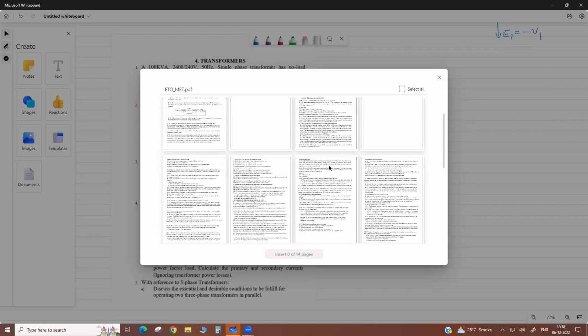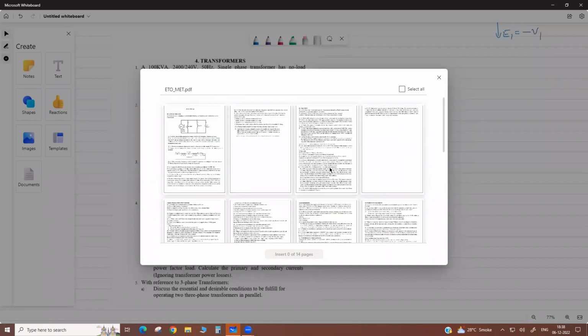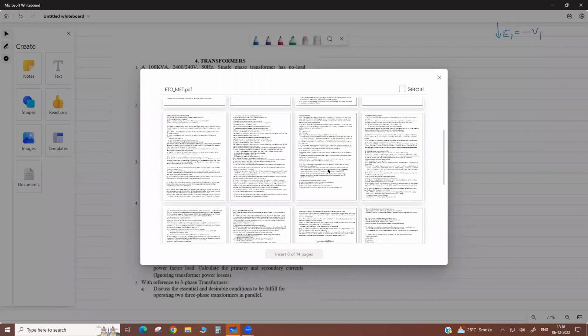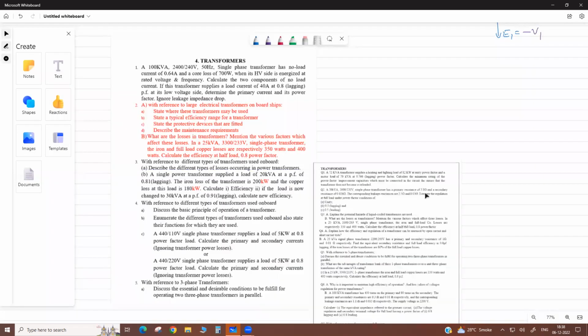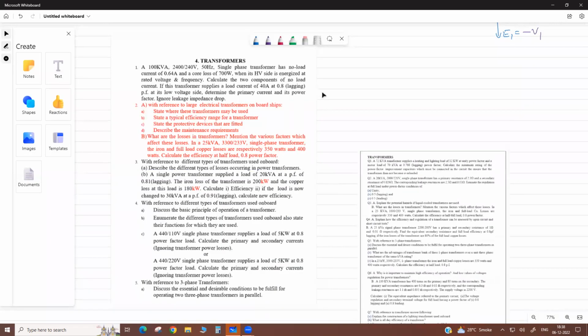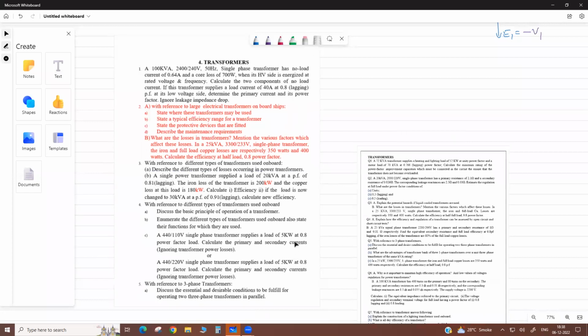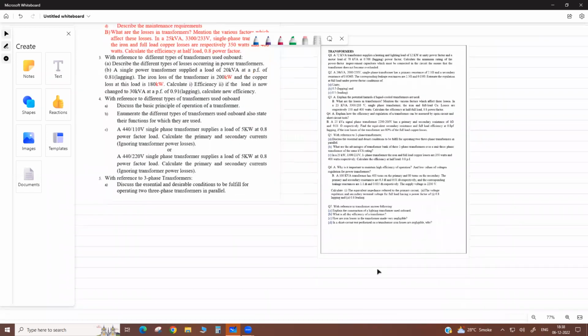Transformer. This is another page set of questions.